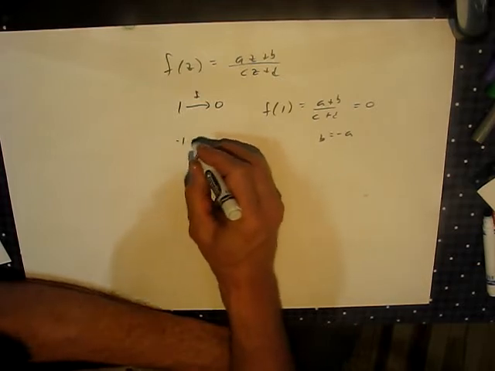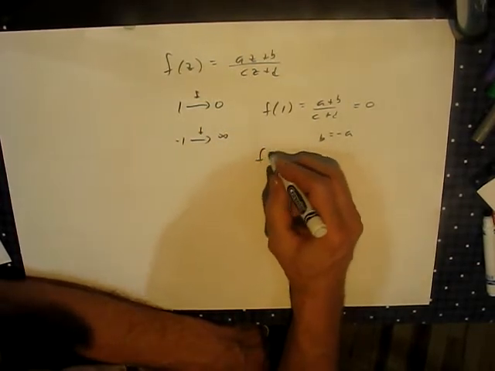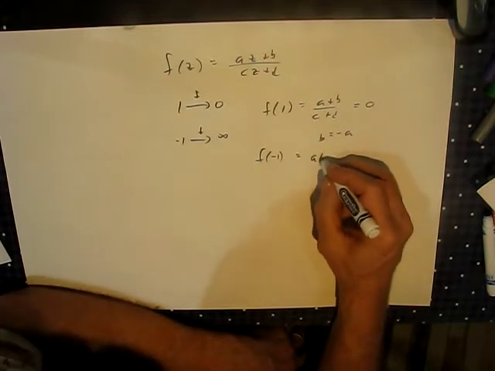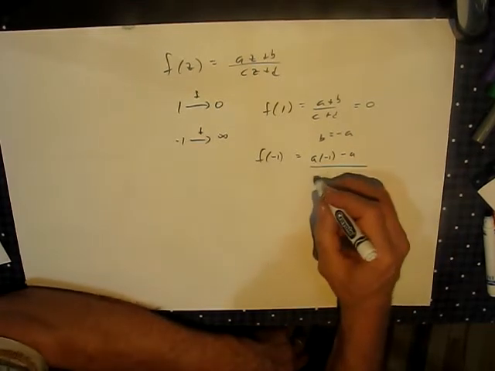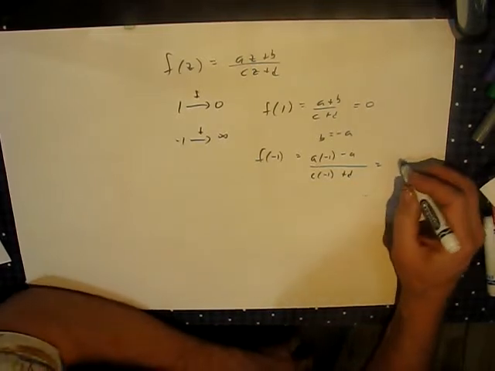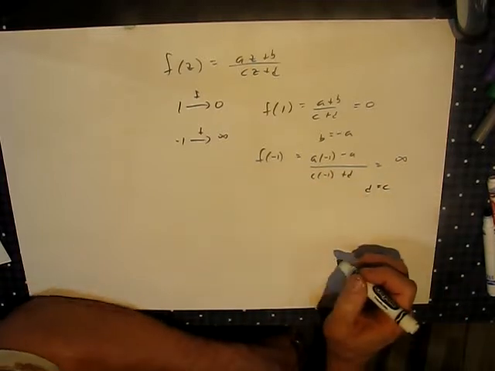Next, we want minus 1 by f to be mapped to an infinitely large value, so f of minus 1, which is equal to a times minus 1 plus b, b is minus a, all over c times minus 1 plus d. Well, that's because we want the bottom to be equal to 0, so we have d equal to c.